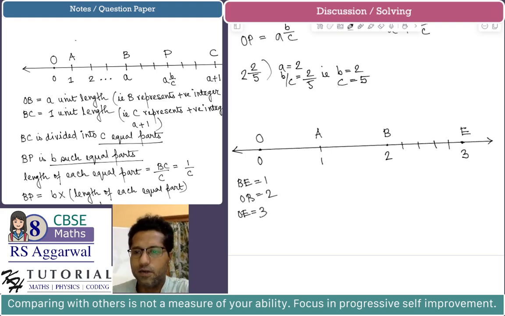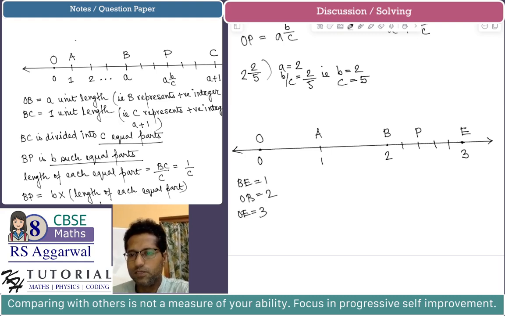Now I will consider a point between B and E which marks 2 such equal parts from B to the right-hand side. The length of each equal part will be 1 by 5, because we have divided BE into 5 equal parts.